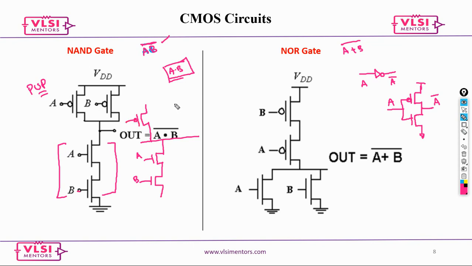So it is B and A. Now you just have to connect this to VDD, and this is going to connect to VSS, and these drains are always going to be the output Z.